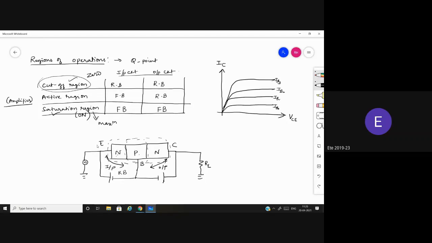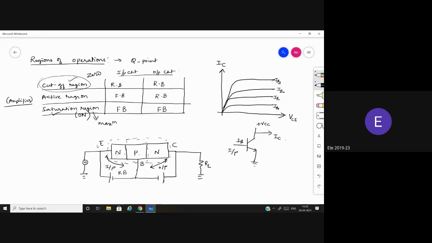Here this graph is plotted for a common emitter configuration. This is because the common emitter configuration will have the base current as the input current in the input circuit, and the collector current at the output part.